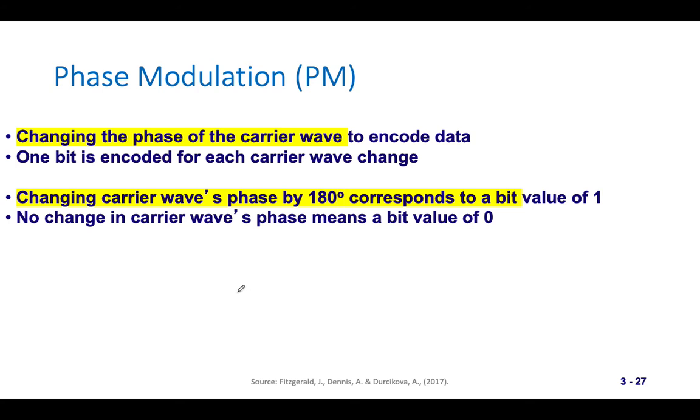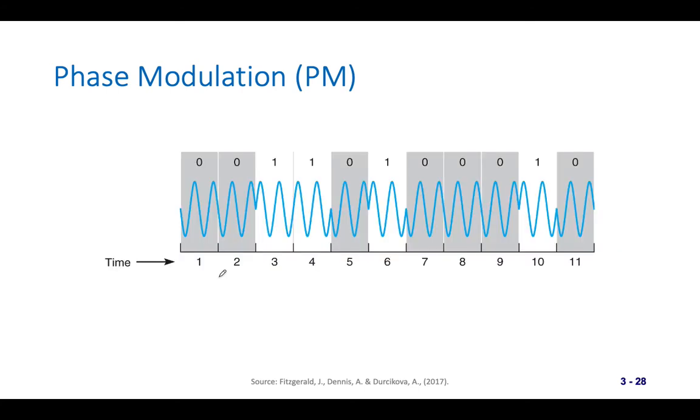The phase modulation, which maybe you came close to, maybe not, is based on this. Let me show you. You invert or reverse the wave by 180 degrees when you have to send 1.